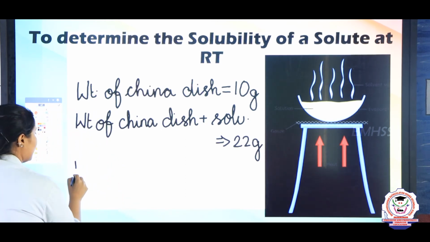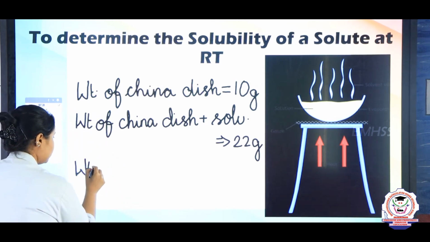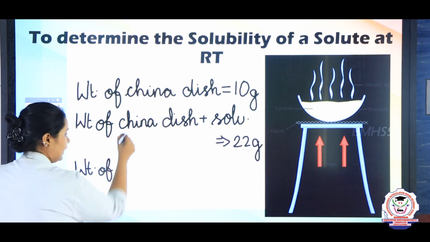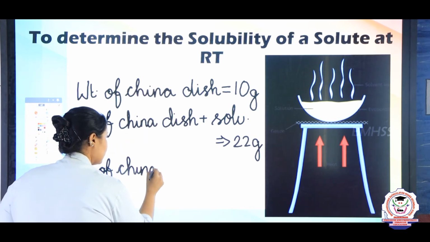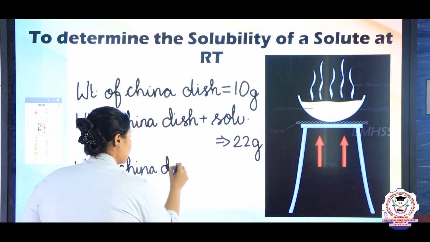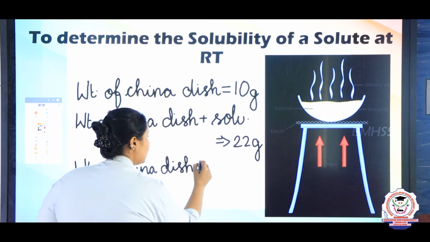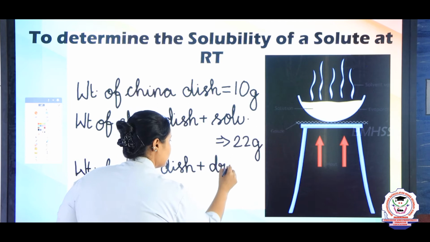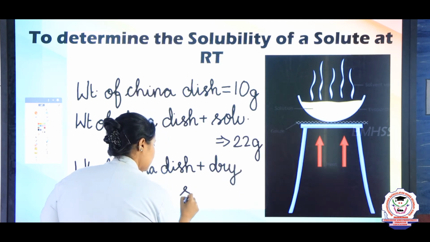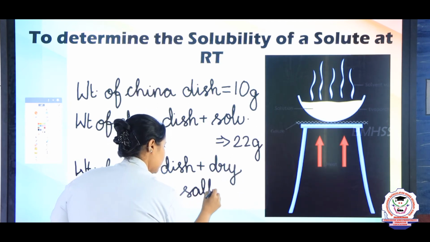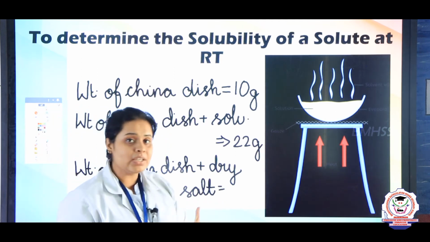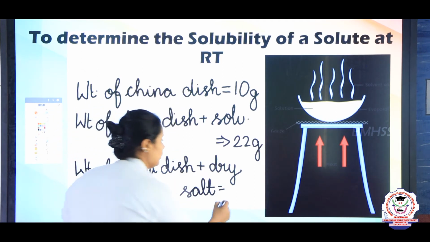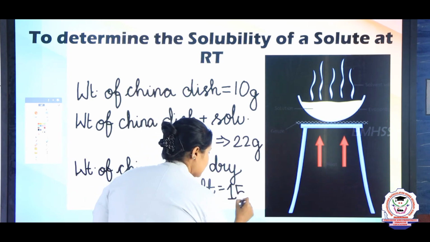So again you will write the weight of the china dish, because we did not change the china dish, with dry salt. Okay, and now you are seeing that the weight has changed and the weight became 15 grams.